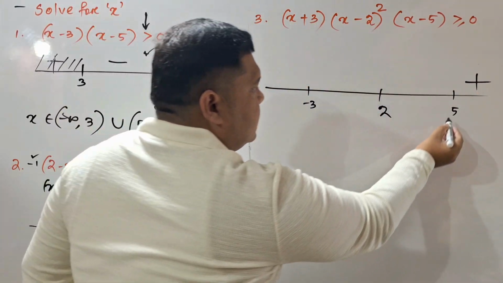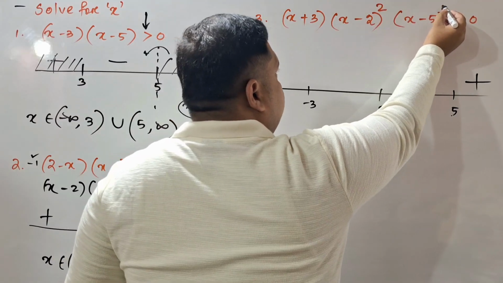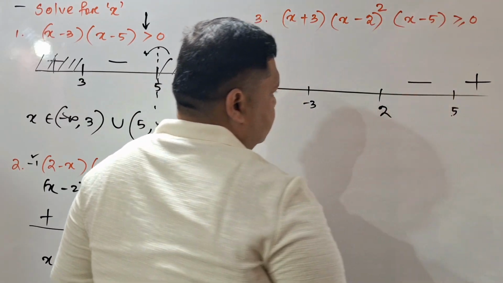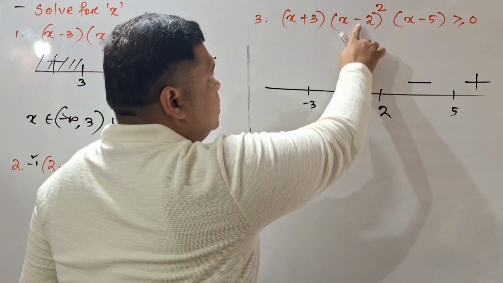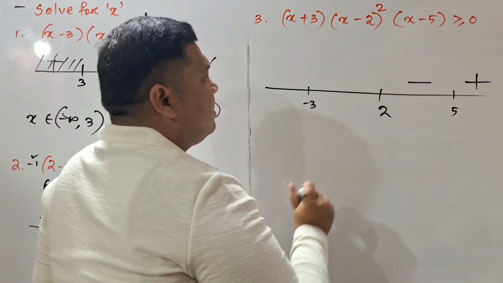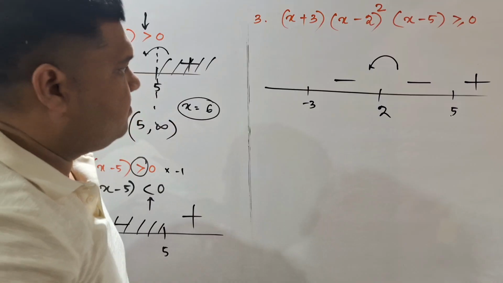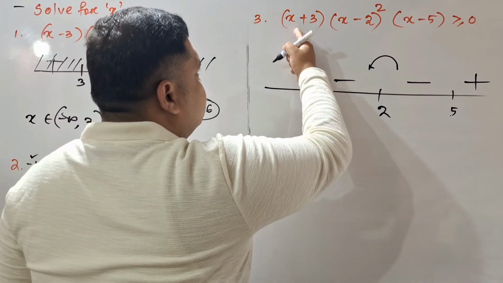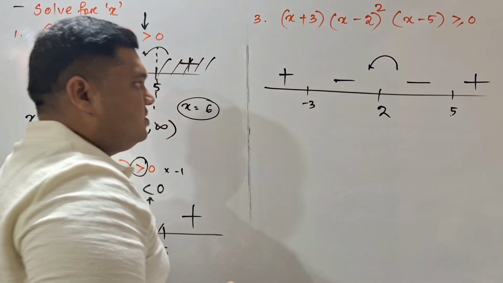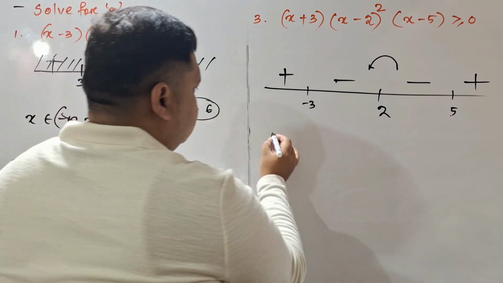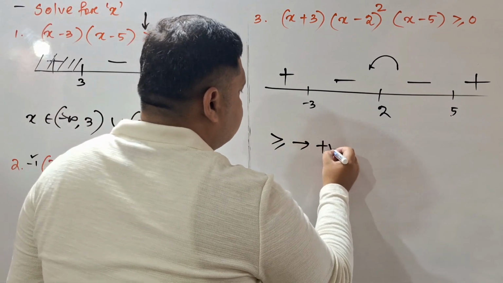Now 5 is the critical point of this term. Power is odd, so the sign will change. 2 is the critical point of this term. Power is even, no sign change. This is minus, this is also minus. Okay. And minus 3 is the critical point of this term. Power is odd, so the sign will change. And greater than equal to means what? Which region do I have to select?